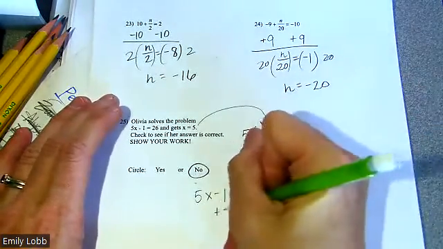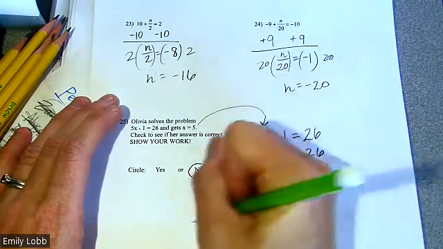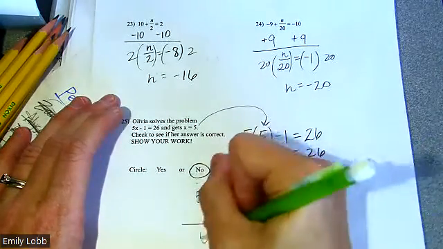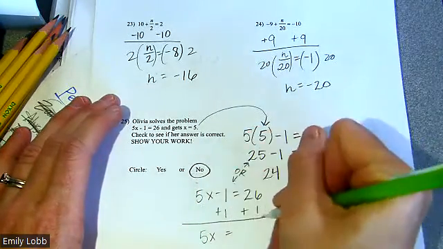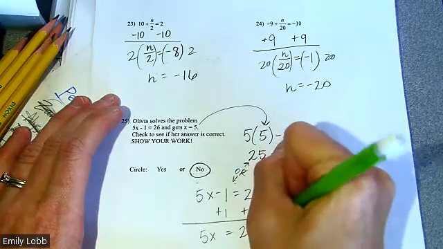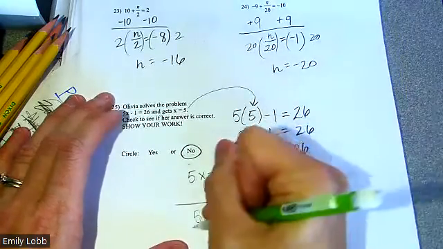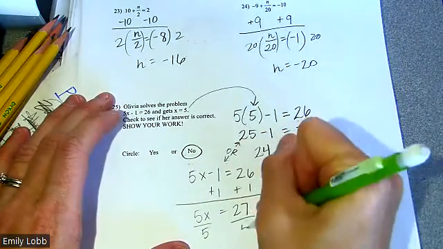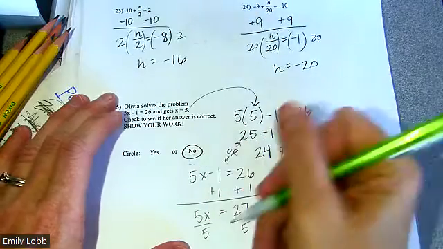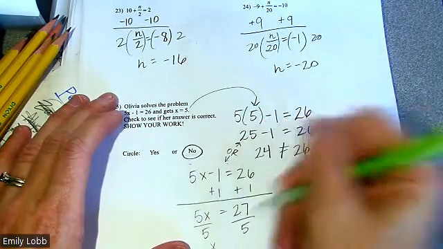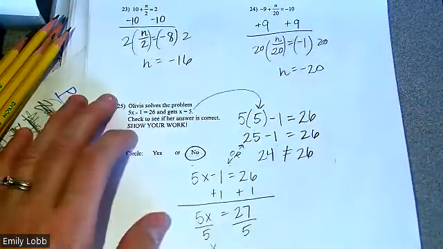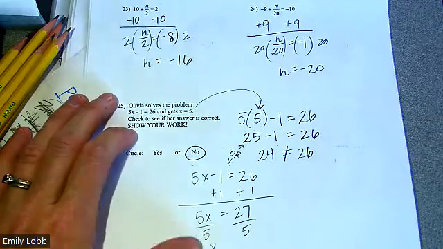So I could add 1 to both sides. I bring down my 5x. 5x equals 27. So I would divide both sides by 5. And we know right away it's something more than 5, right?